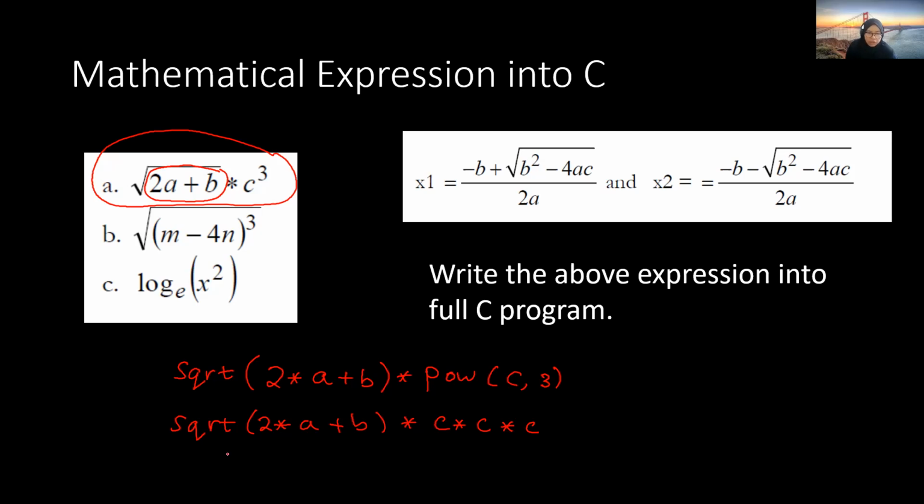You can also do something like this as well: power of 2 times a plus b, 1 over 2, times c, times c, times c. So you can have so many options on how to do this. It depends on how you see it, but make sure that the way you write this is correct.